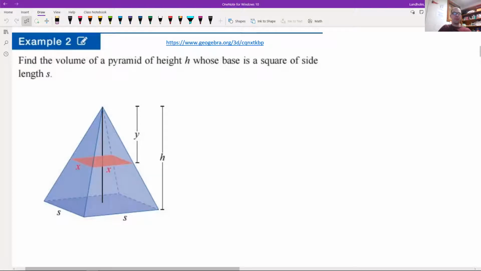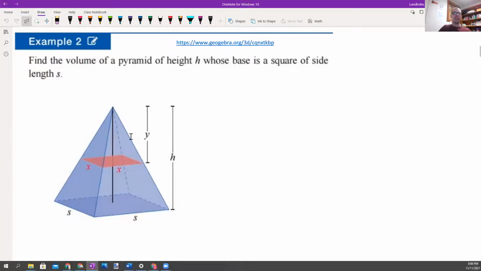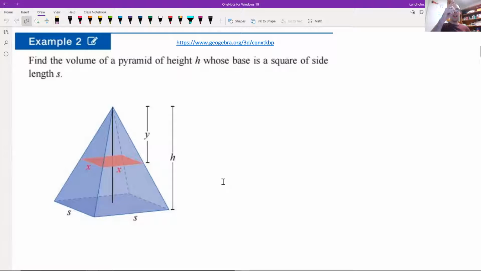Here we have another familiar shape. It's not too familiar because I haven't worked this problem in a while, but we've got a pyramid and it has a square base. So the sides of the square base are S. We've got a total height of H. We've got a little height here of Y that goes down to a cross section that is labeled with square sides as X and X. So we're going to find the volume of this square pyramid.